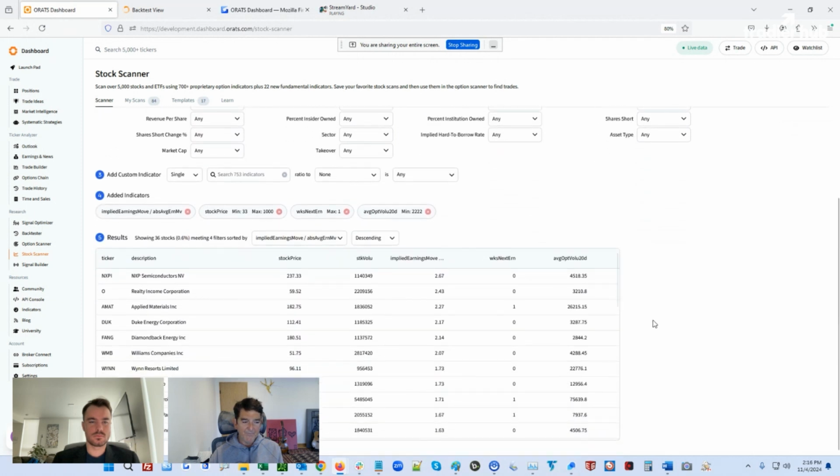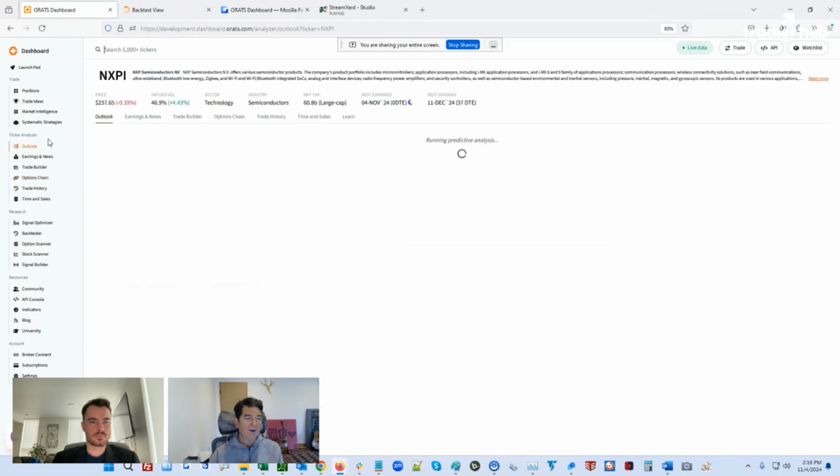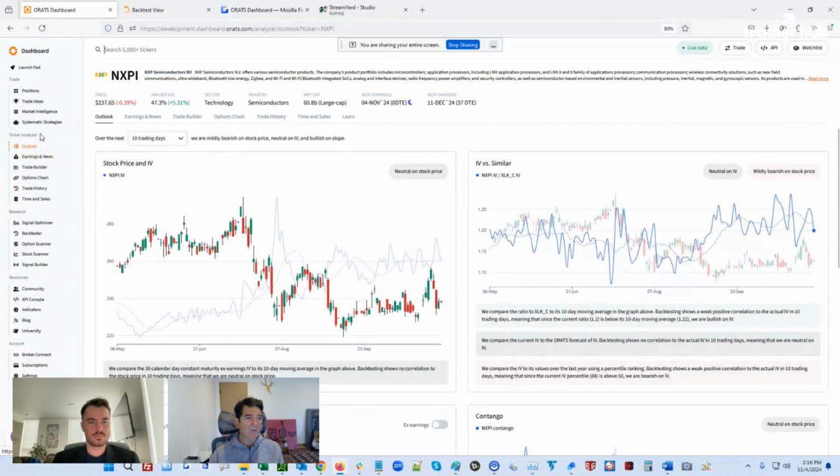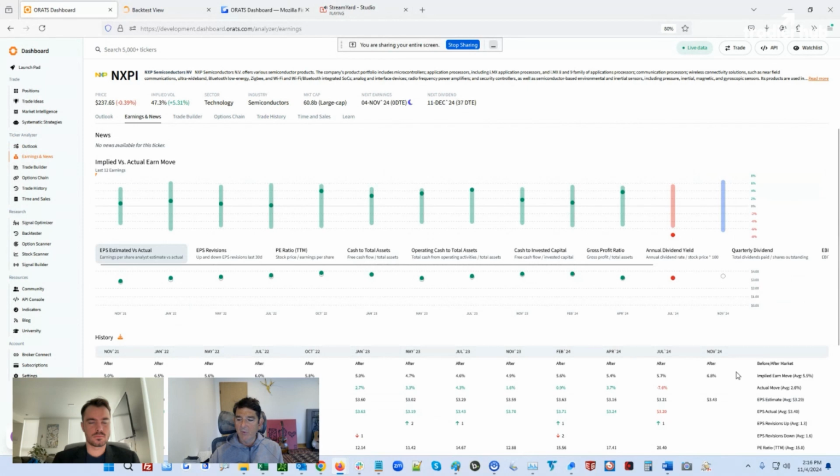So, for example, what we're looking for in this case are stocks that, like NXPI, where they have earnings coming up, which is after the close today, and where the earnings implied could be less than the average actuals.